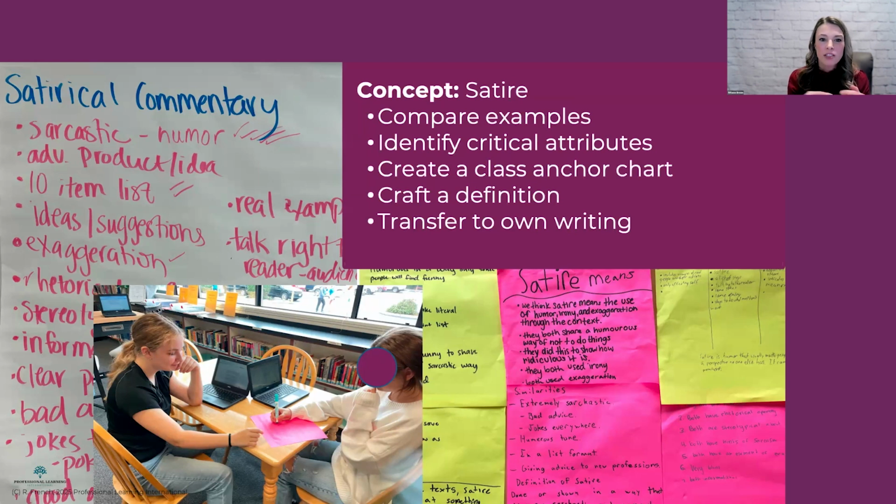I had students examine multiple examples of satire. It was a new concept for my 9th graders, and they really had no experience with it before. I had them work with a partner to create a list of the attributes of the texts they were examining. Then we went around the room and took turns sharing the attributes that the group saw, writing them on a poster paper.